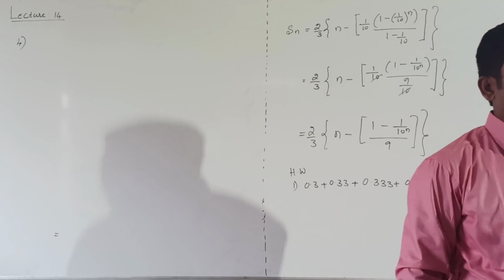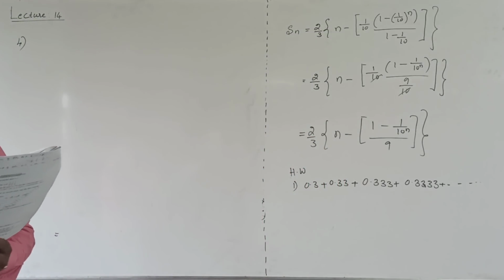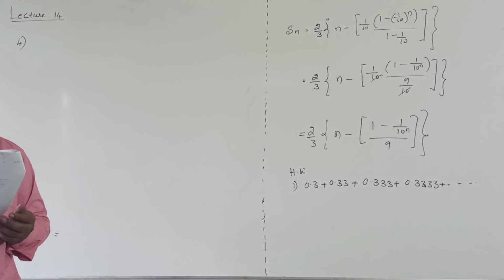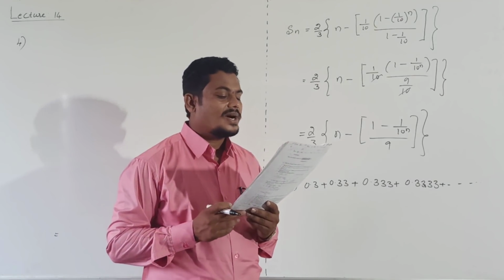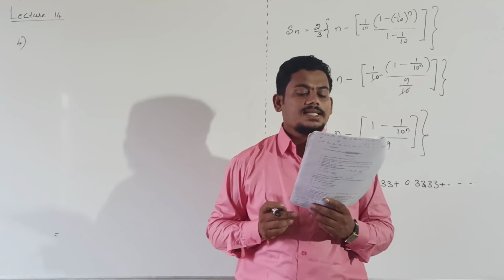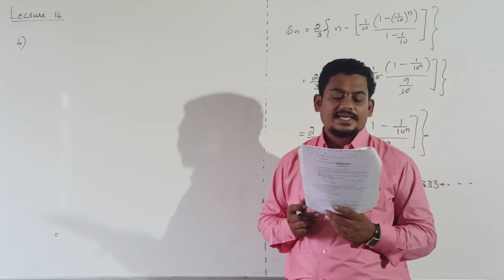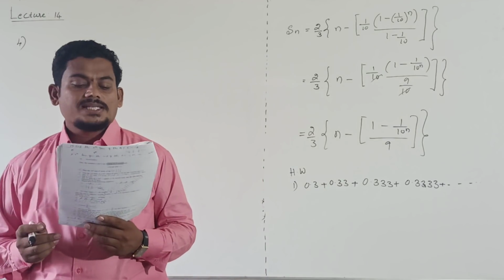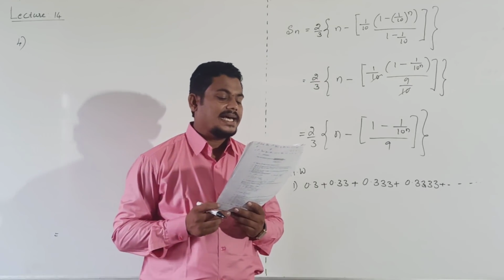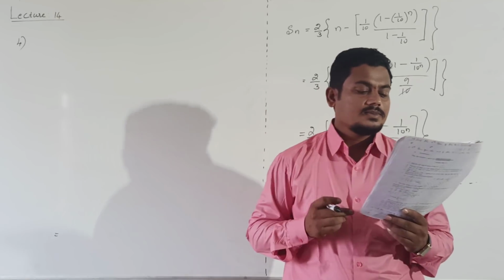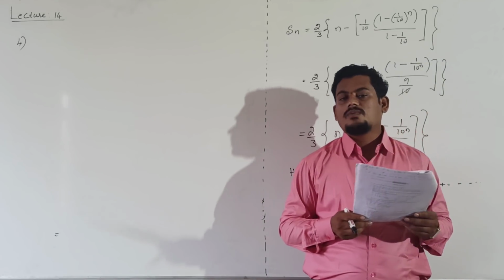Find 4 numbers forming a geometric progression, means find 4 numbers in GP, in which the third term is greater than the first term by 9 and the second term is greater than the fourth term by 18. Once again the question: find 4 numbers forming a geometric progression in which the third term is greater than the first term by 9 and the second term is greater than the fourth term by 18.